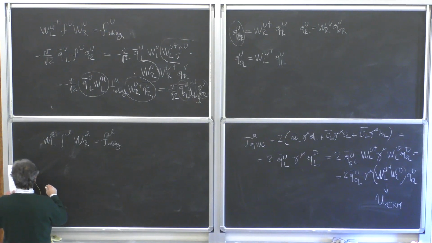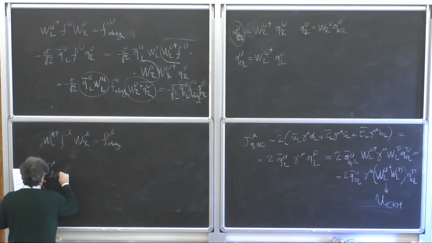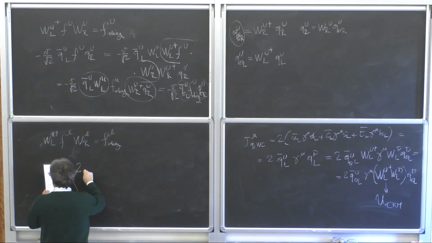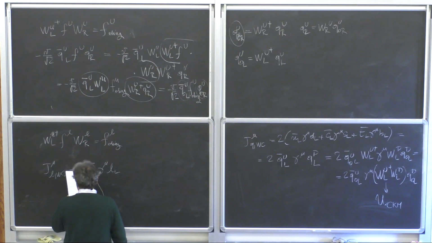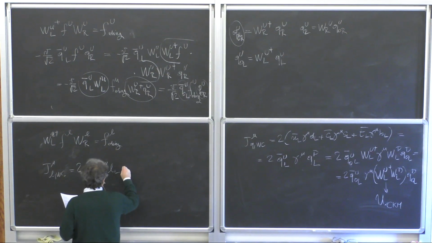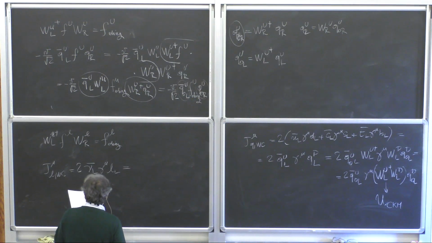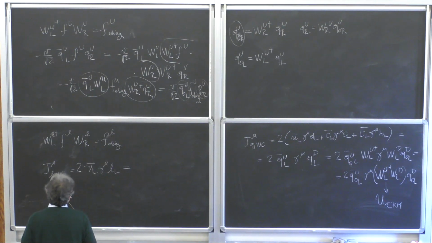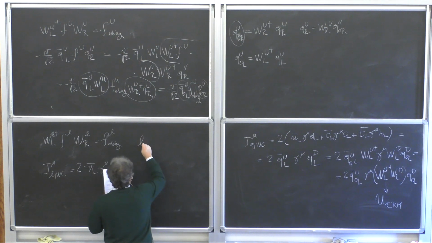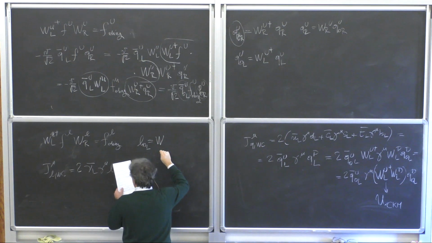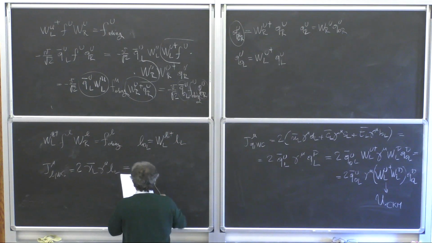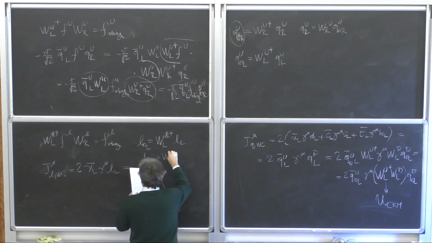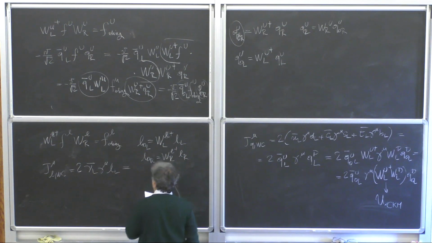Now, if you consider the current, J_mu for leptons, the weak charge current, you have twice nu_L gamma mu L, and now again we can define the mass eigenstate for the leptons as for quarks, L dagger L_L, and also for the right part, W_R L dagger L_R.